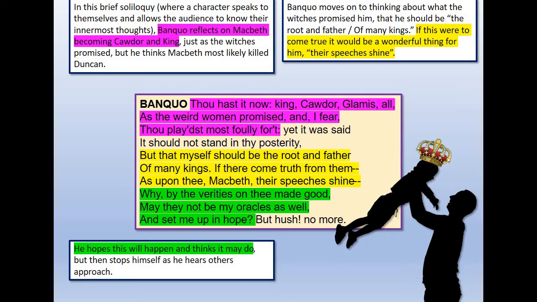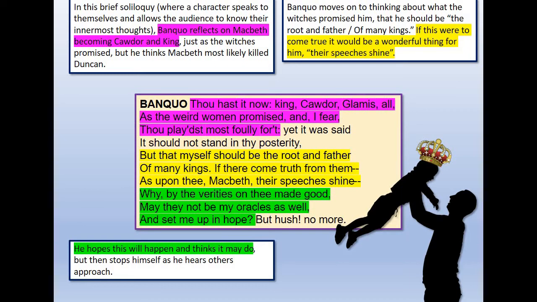Now, if we look at the yellow and we go to the box at the right, Banquo moves on to thinking about what the witches promised him, that he should be the root and father of many kings. If this were to come true, it would be a wonderful thing for him, because although it means he won't be king himself, his legacy will live on, his name will be part of history.